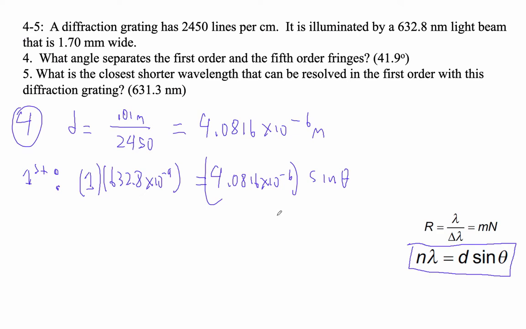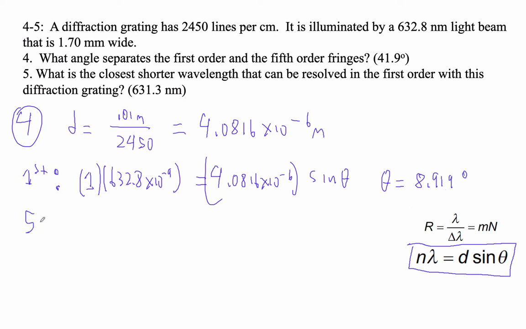I've got it. Are we ready for this? And these angles, by the way, are too big to use the approximate formula. All right, so that angle theta is equal to 8.919 degrees, right?